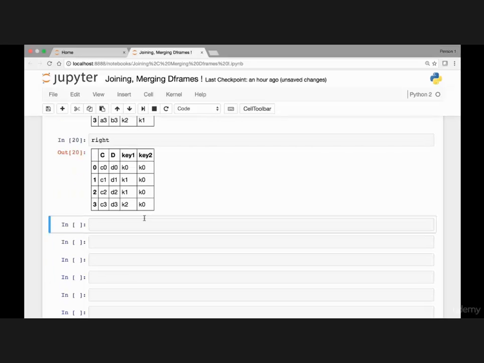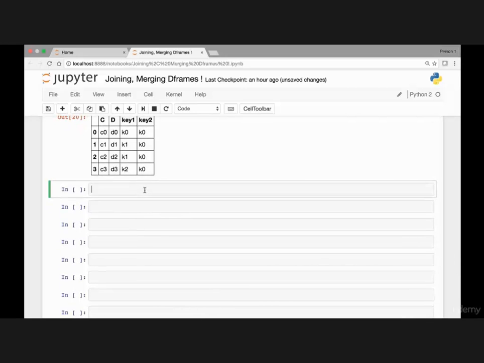Now let's merge them together by using left for the how argument. Let's do that. pd.merge will be merging the left data frame and the right data frame. How are we merging it? We'll merge it by using left for our how value.